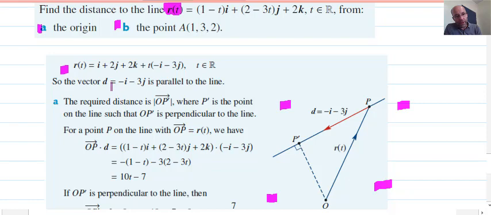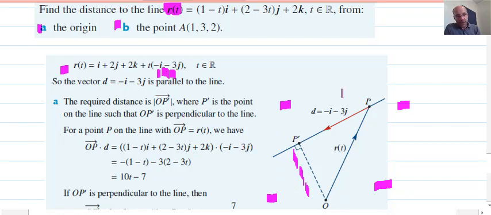We have negative 1 minus 3j is parallel to the line, okay, because we can see that there. We look at the diagram, and along the line, the closest point to the origin will be measured out by a line perpendicular to the line PP dash.